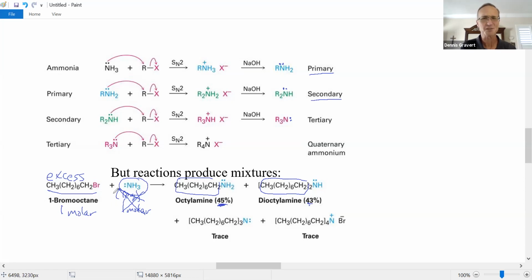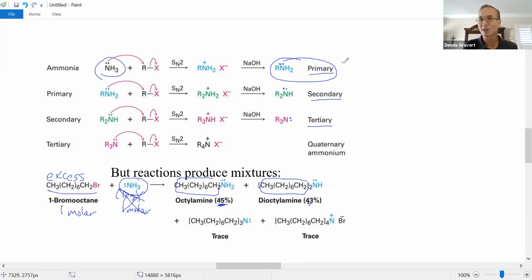I have to go back and look at this reference. Okay, I probably messed it up big time, but here's the main point. All the amines, primary, secondary, and tertiary, are good nucleophiles. So it's difficult to have a high yield of primary amine if that's what you're going after. Using an SN2 reaction and starting with ammonia, you're not going to get a high yield.